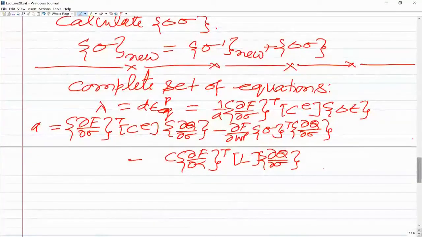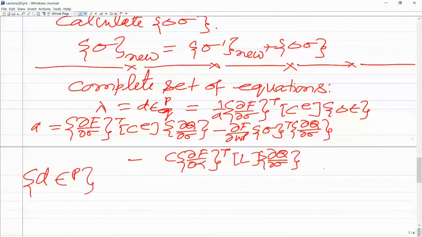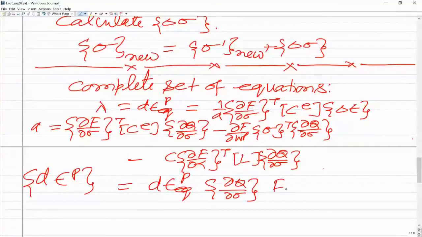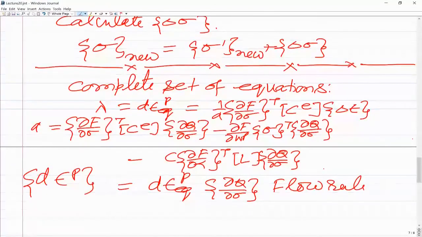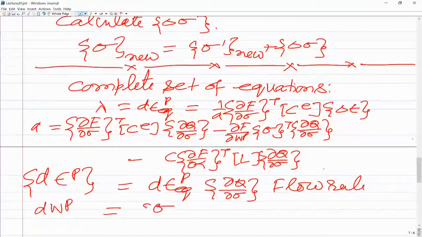And of course, because this is in terms of sigma, we already know how to calculate delta epsilon equivalent p for an elastoplastic step. And then the increment in the plastic strain tensor will be equal to lambda, which is delta epsilon equivalent p into del q by del sigma. So this is your flow rule. And then the increment in the plastic work, this formula also we have derived.